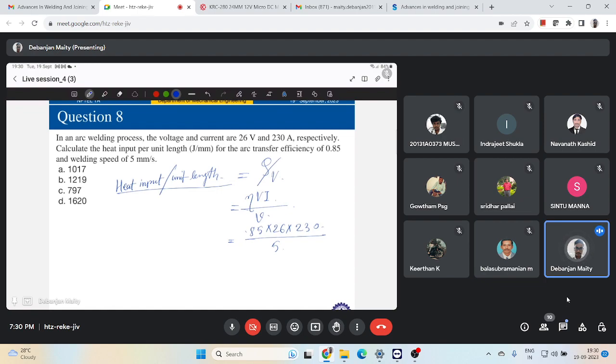There are some unit conversion I need to do.